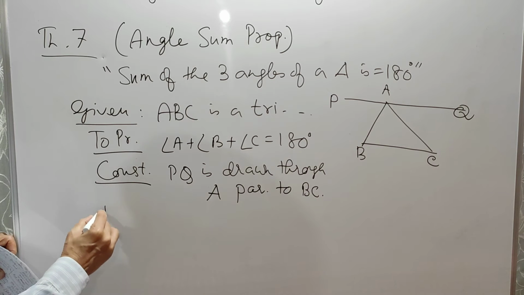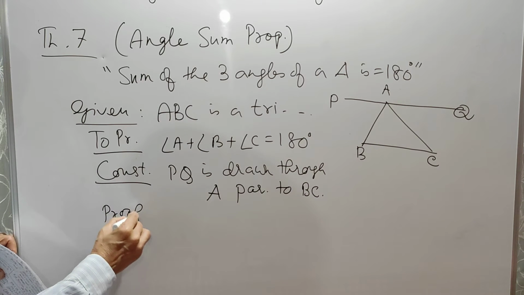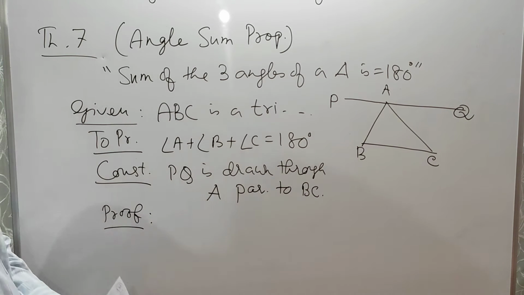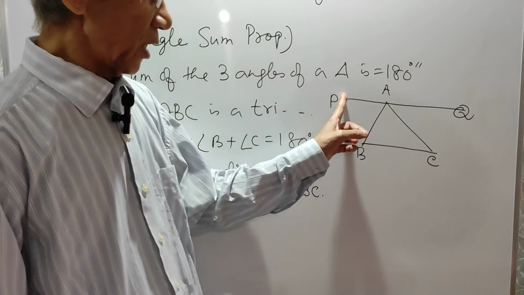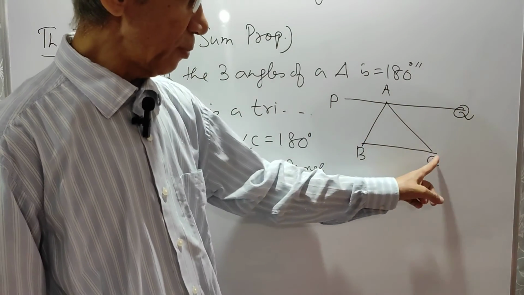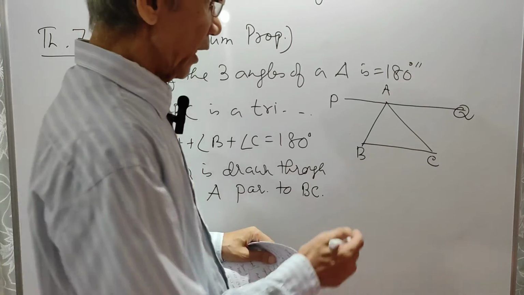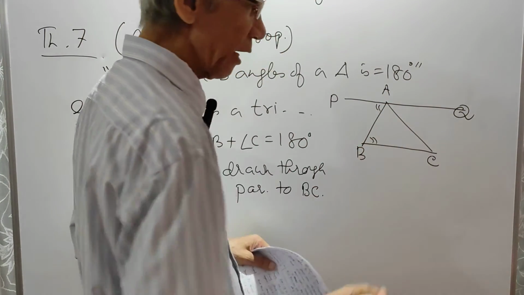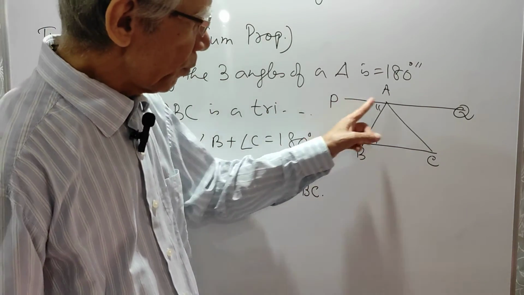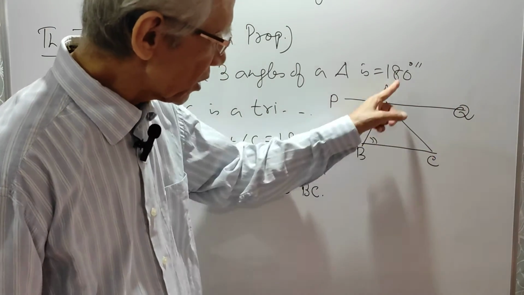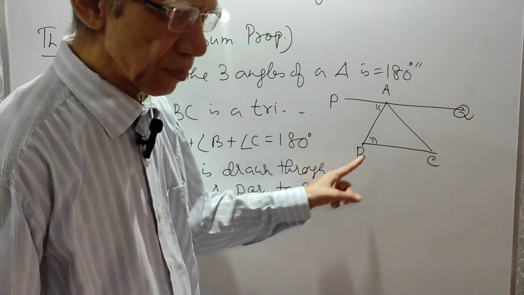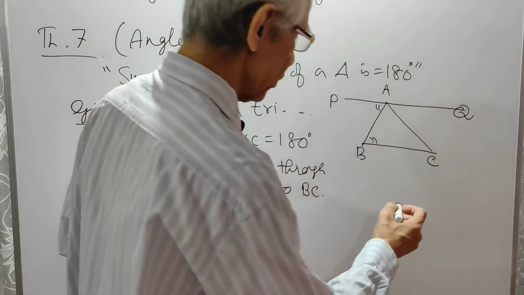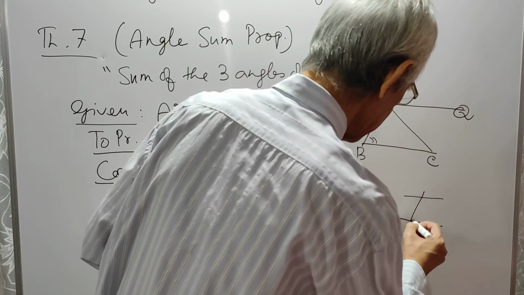Now we come to the proof. All right. Now see, PQ is drawn parallel to BC, and this is a transversal. Therefore, this angle is equal to this angle, alternate angles. Again, PQ is parallel to BC and this line cuts them.